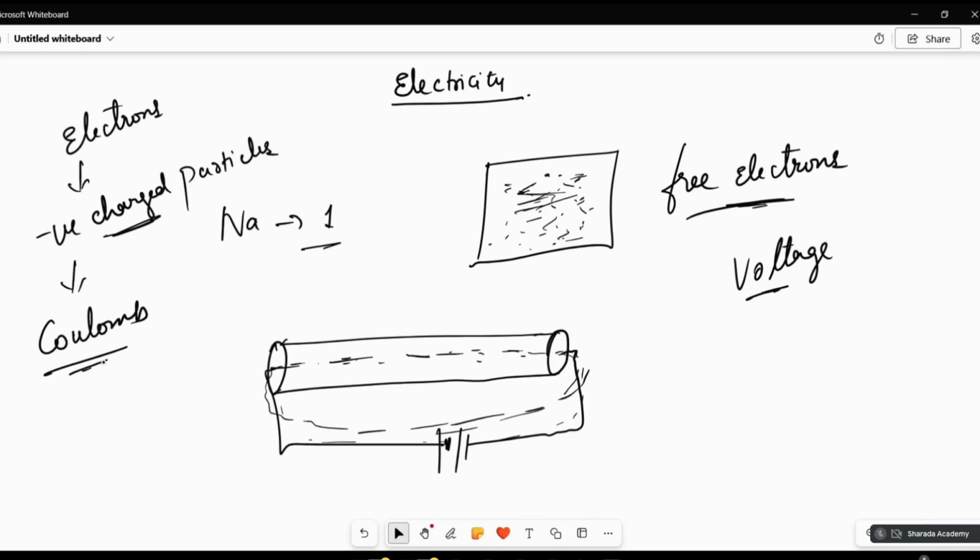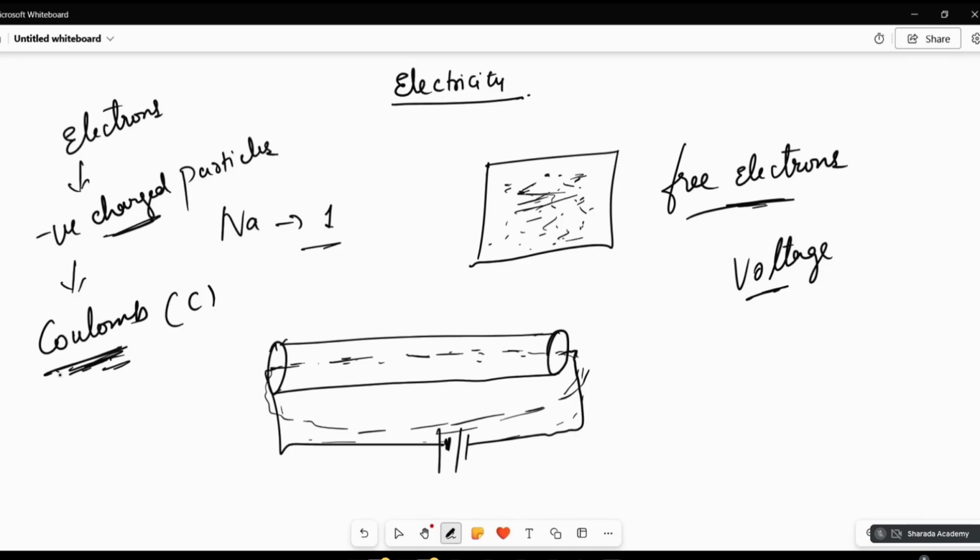See, cloth we measure in meters, distance we measure in meters, correct? Similarly, charge we measure in a unit which we call coulomb. Symbol used is C. So what is the charge of the electron in terms of coulomb?